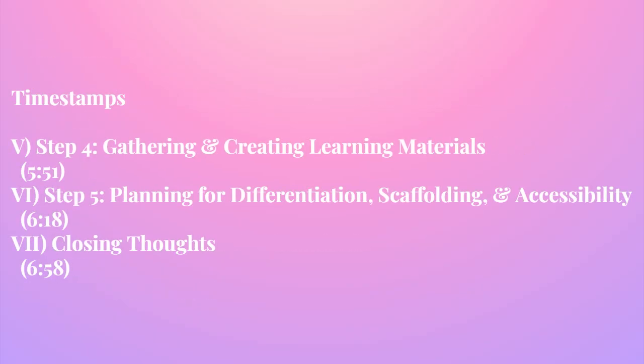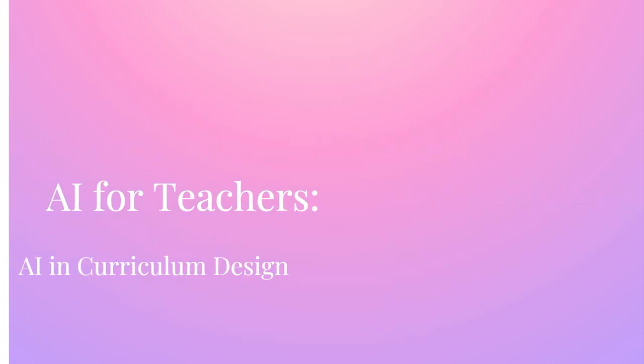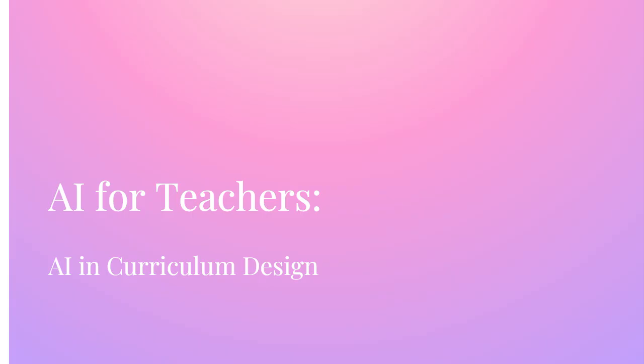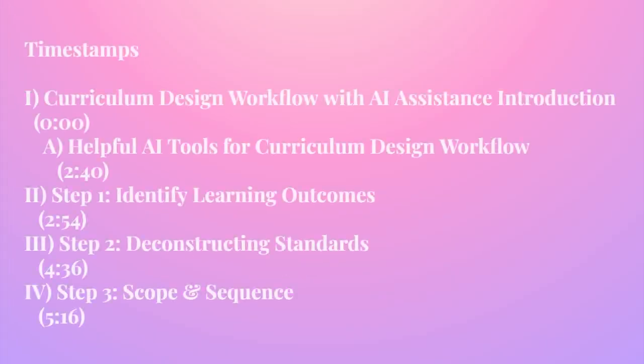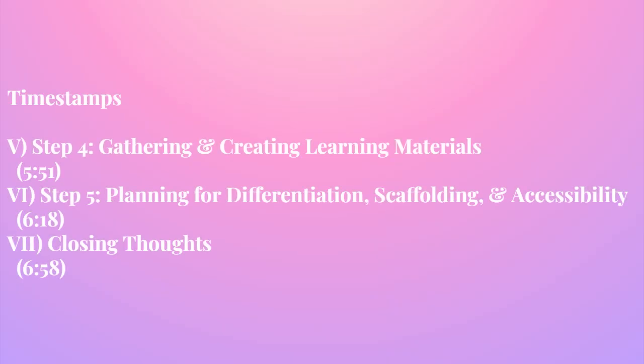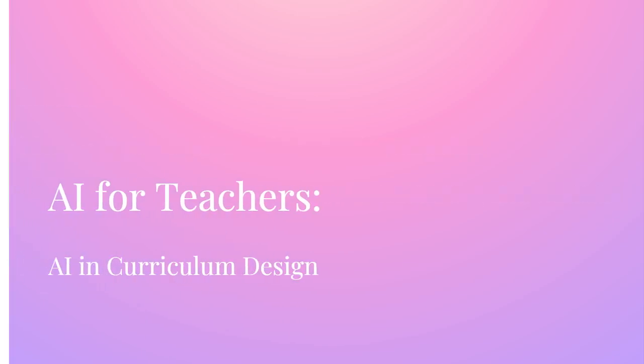Now, one last thing I want to mention is that most all of the steps within this workflow are coming from the area of planning and preparation. If you listened to the video on AI use cases and tools, you may remember that there were 4 different areas of use cases that we discussed. One of them was planning and preparation.